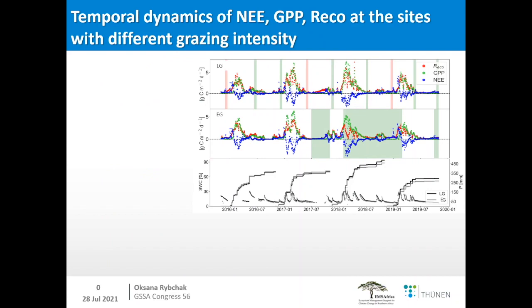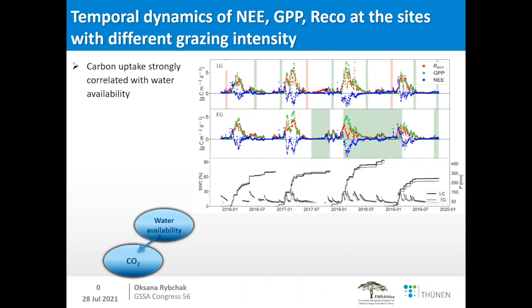Here we can observe 4 years of measured net ecosystem exchange and daytime-derived gross primary production and ecosystem respiration. We can see that both ecosystems have similar peaks, but the experimental grazing site has lower respiration and higher carbon uptake.